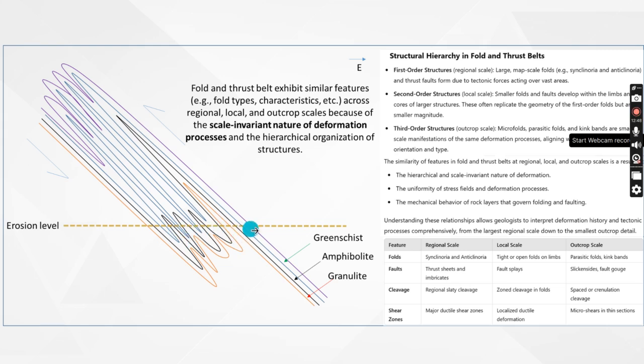Within a short range they will be coexisting, occurring together almost, because as per Pumpelly's rule, whatever is found in the regional scale, fold and thrust belts exhibit similar features across regional to local outcrop scale. So whatever is found in regional scale will be replicated in outcrop scale as well. So that is the structural hierarchy of fold and thrust belts. First order structures in regional scale, the same thing will be replicated in second order structures, local scale, even in third order, outcrop scale, microscopic scale.